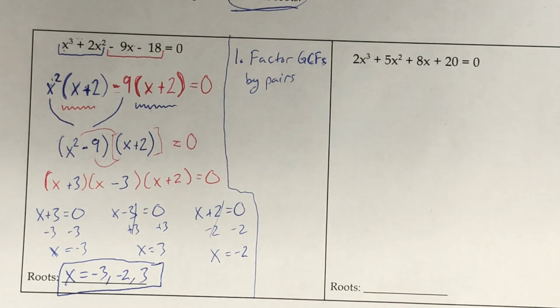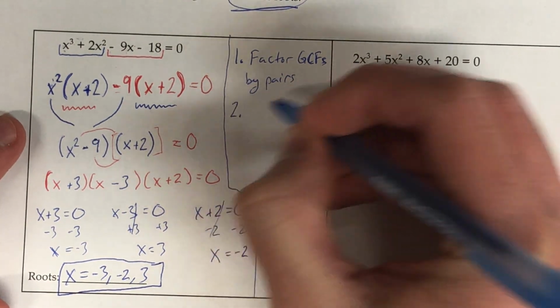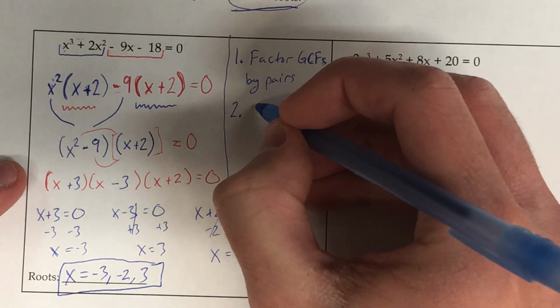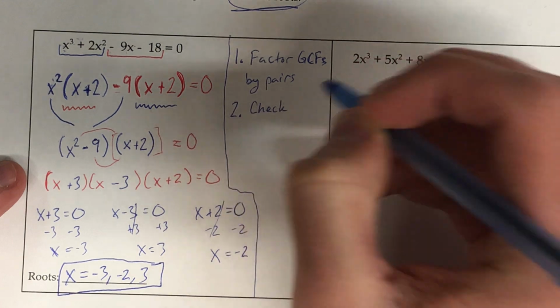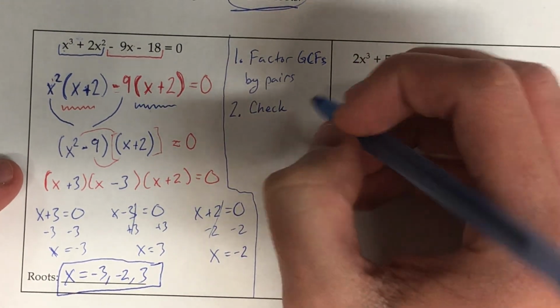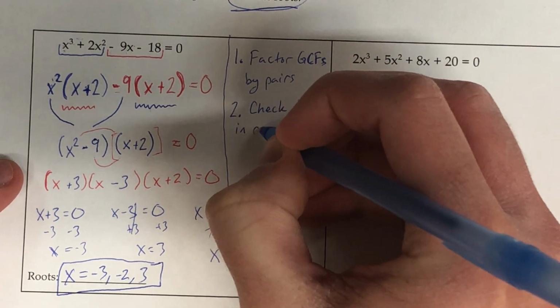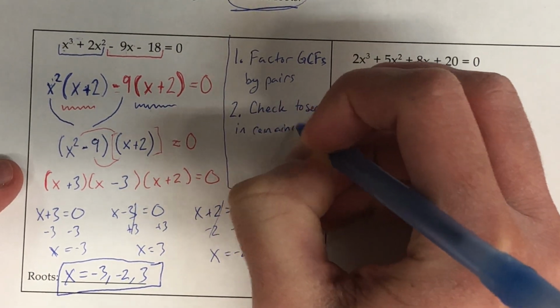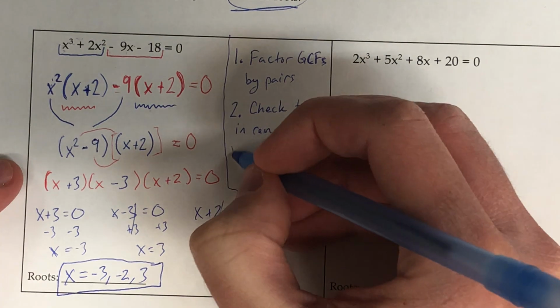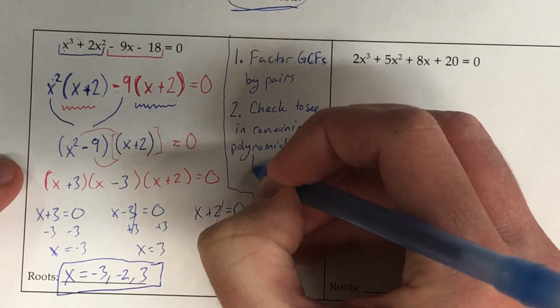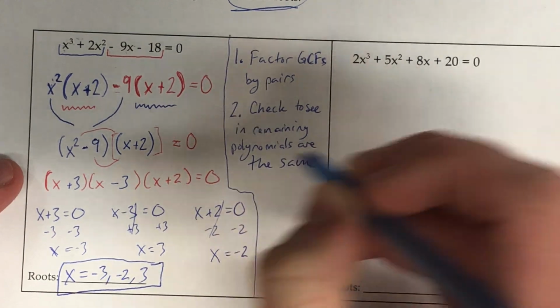Take our second, factor that for the GCF. And then we didn't really do this necessarily, but we should do this mentally. Check to see if remaining polynomials are the same.